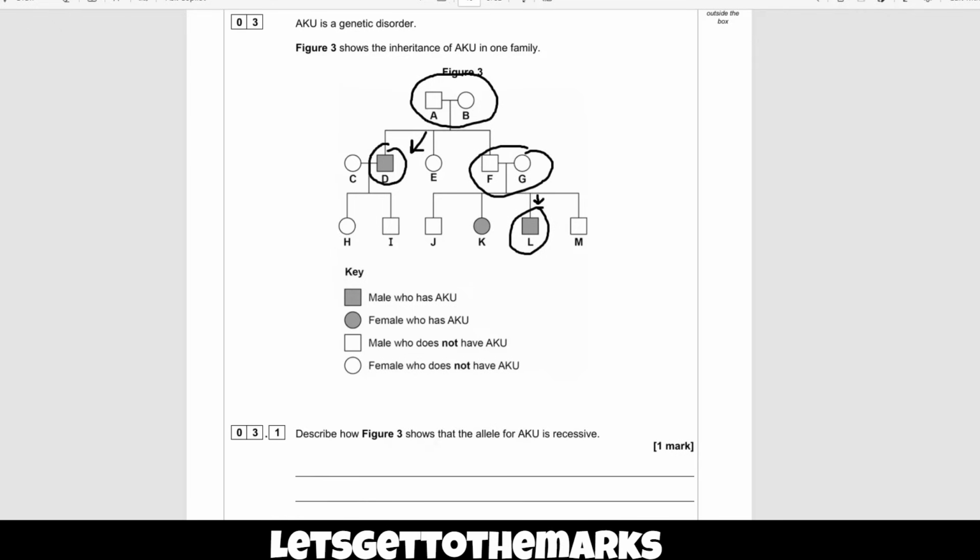And so what we can say here is A and B do not have the disease, but they have a child D who has the disease. This means A and B are carriers.